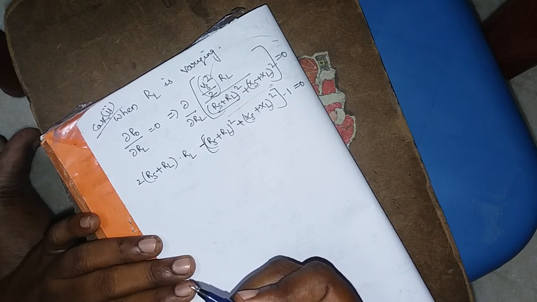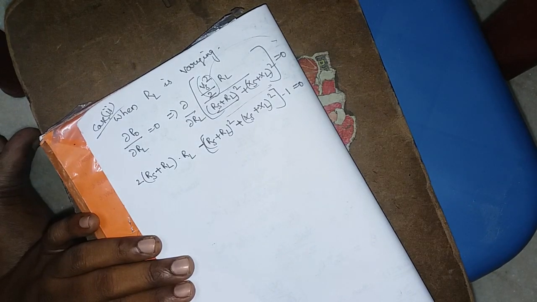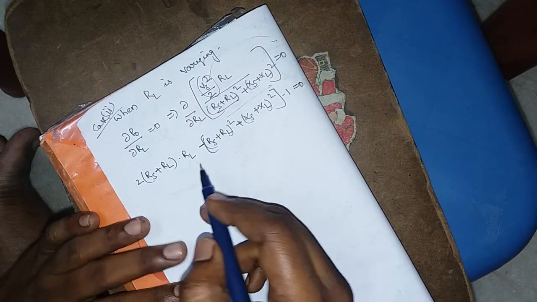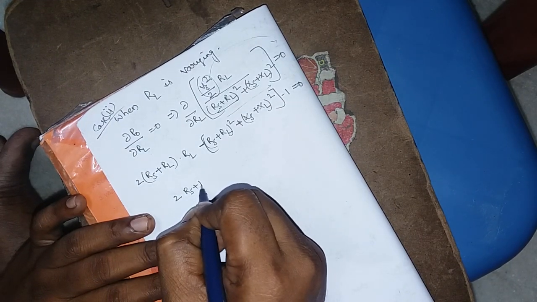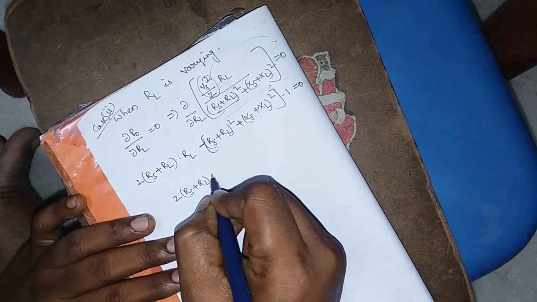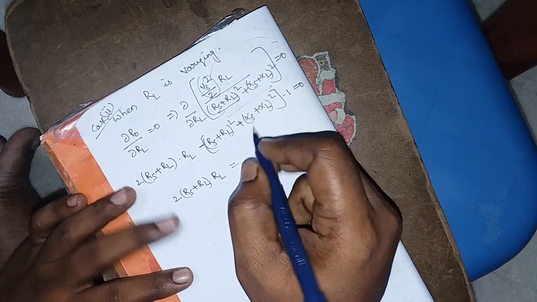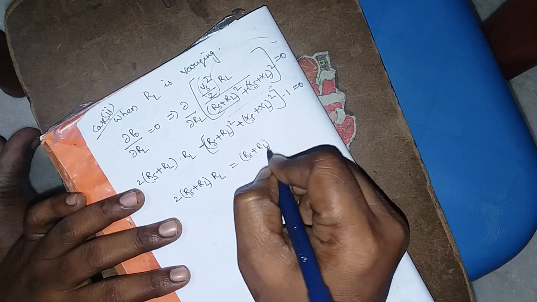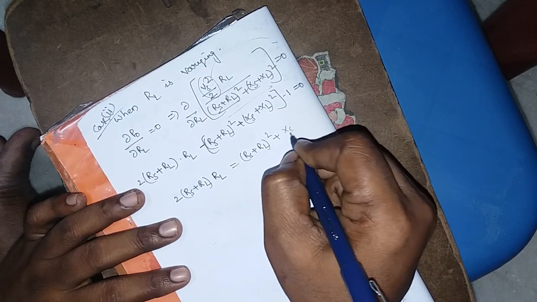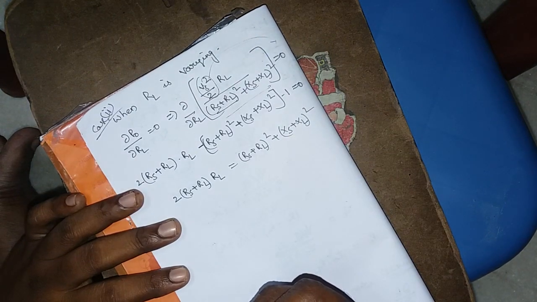But our concentration here is to find the value of RL. So you can write this as 2 into (Rs plus RL) into RL is equal to (Rs plus RL) whole squared plus (Xs plus XL) whole squared.